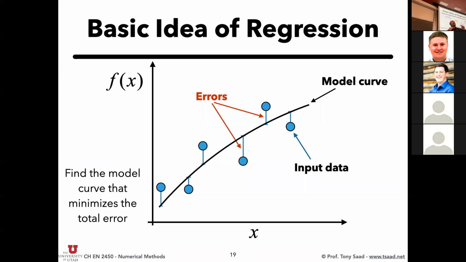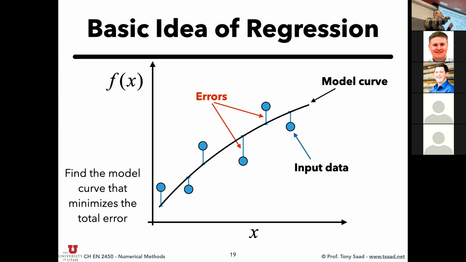There's a lot to be said about what we mean by minimizing this error, because there's an error here, there's an error there, there's an error there, right? So think about this curve as you're trying to adjust its curvature, where it lies, so that you minimize the total error across all of those points. That's what regression is.